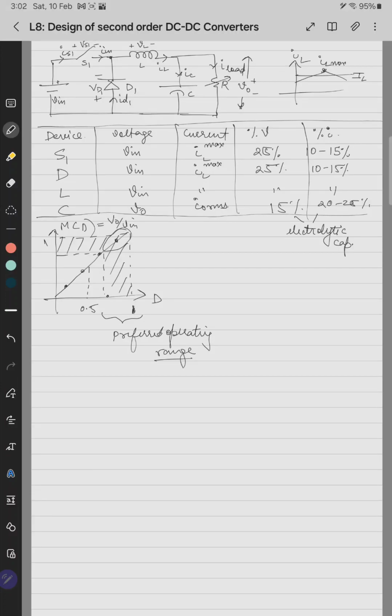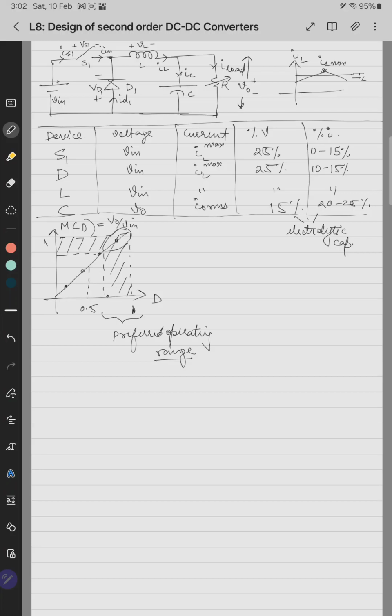And metallized or ceramic capacitors have a higher ripple current rating but are costly and bulky in size. As D increases, the ripple across the capacitor, delta V naught ripple, will be reduced. So that's why this is the preferred range of operation for a buck converter. Means you can operate below 50% duty ratio, but it has its own advantages.